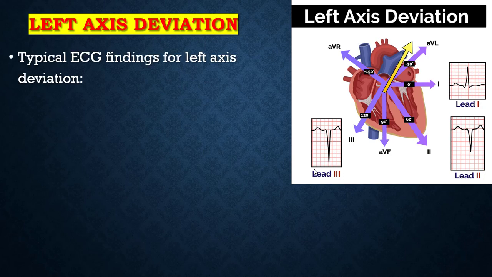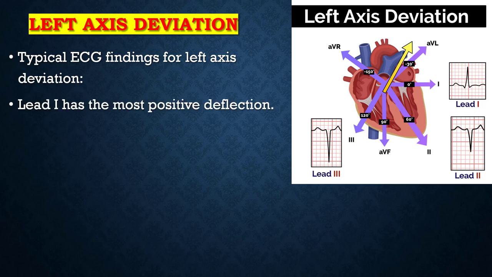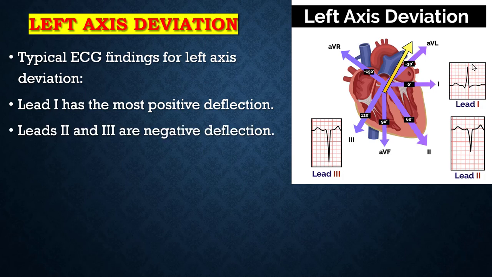Left axis deviation. Typical ECG finding for left axis deviation: lead 1 has the most positive deflection. You can see the positive deflection in lead 1. Lead 2 and lead 3 have negative deflection.